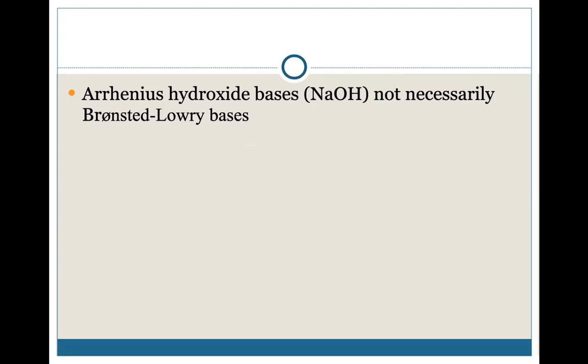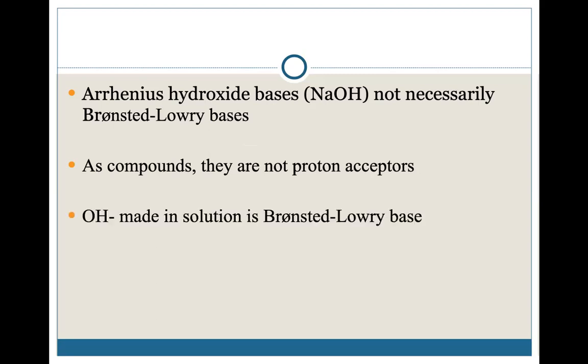Now, one of the classes of Arrhenius bases that I mentioned last week were the metal hydroxides, like sodium hydroxide. It's not necessarily a Bronsted-Lowry base. As compounds, they are not proton acceptors.